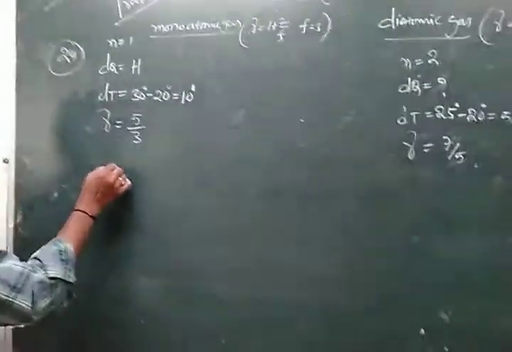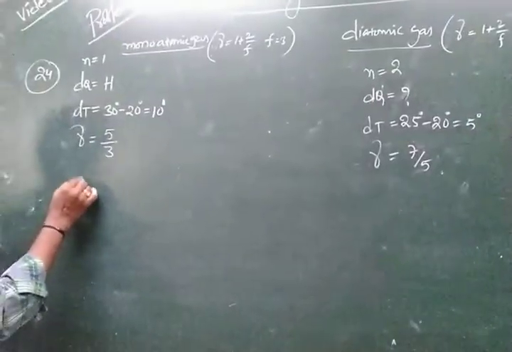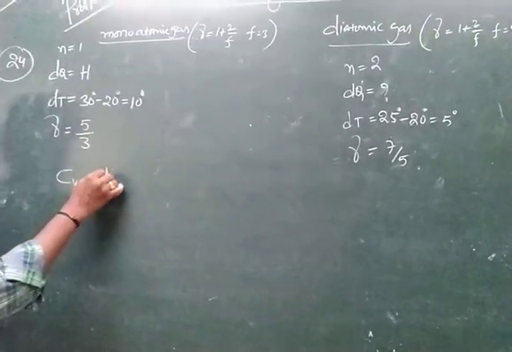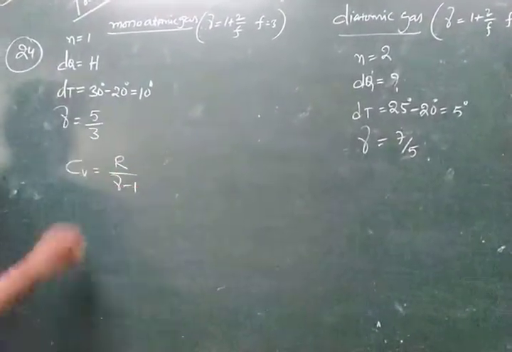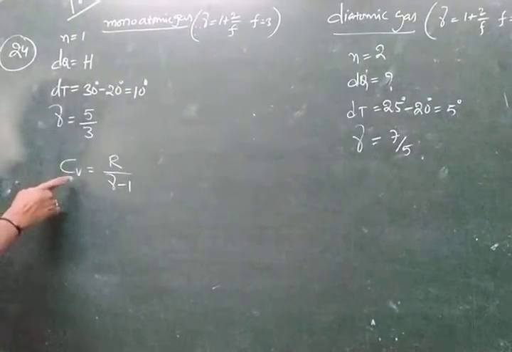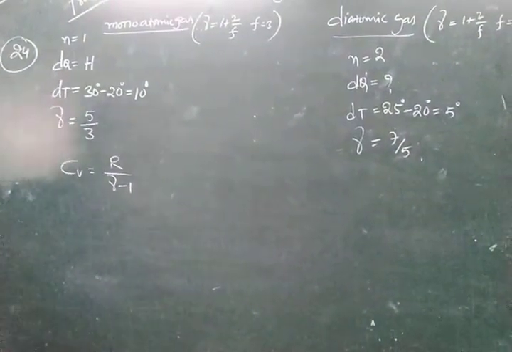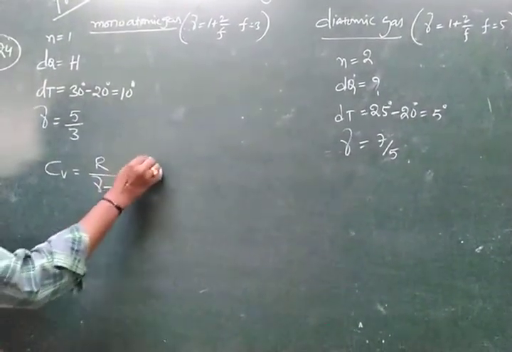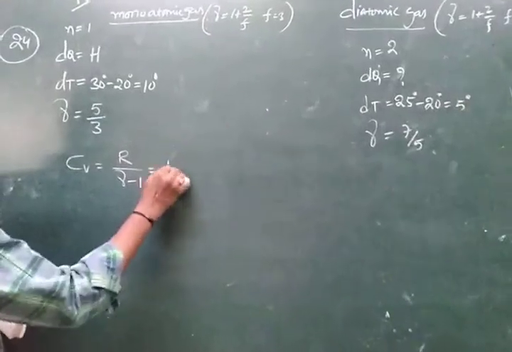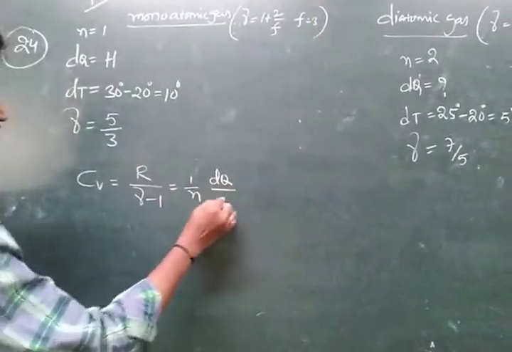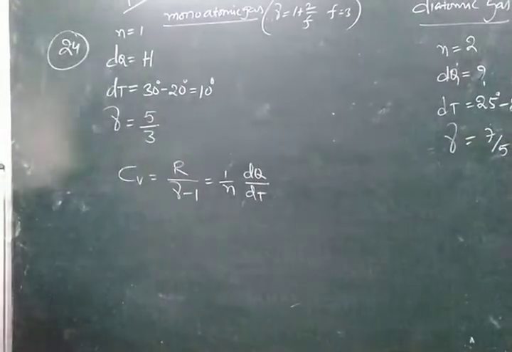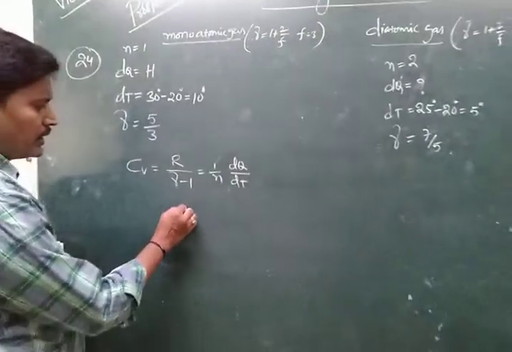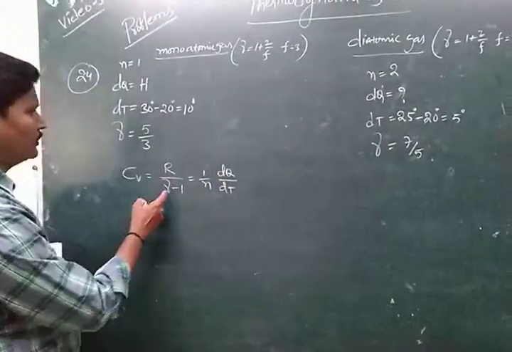At constant volume, the formula is Cv is equal to R by gamma minus 1. Next, Cv is equal to 1 by n, dQ divided by dT.